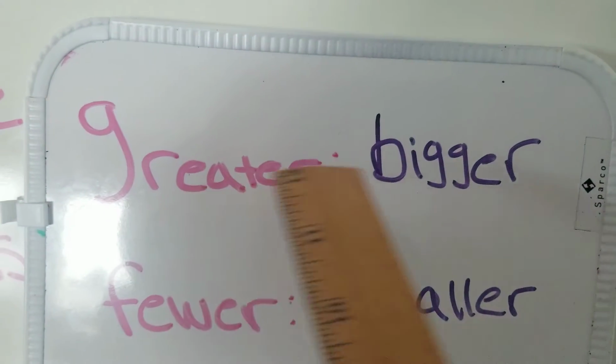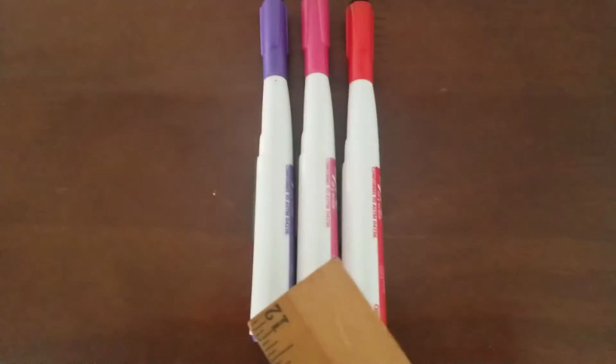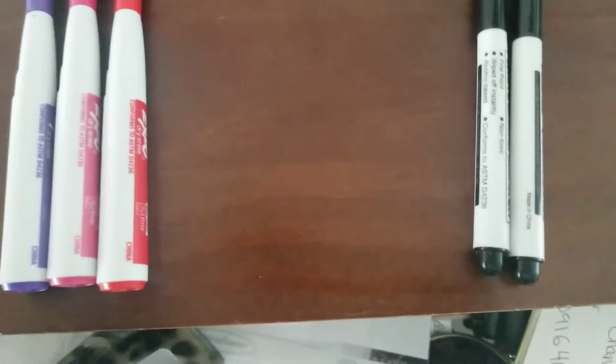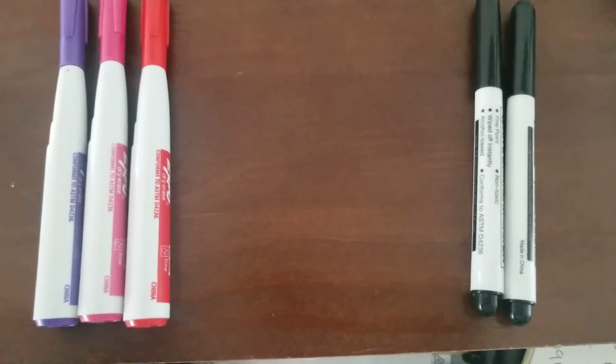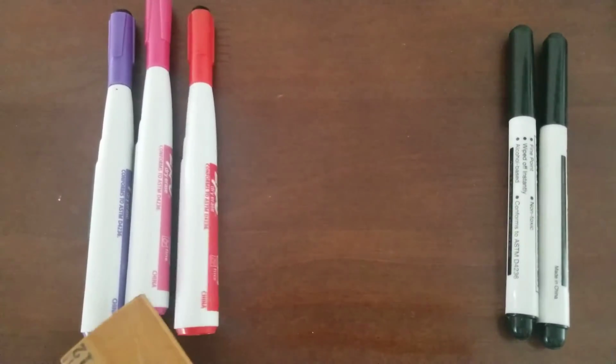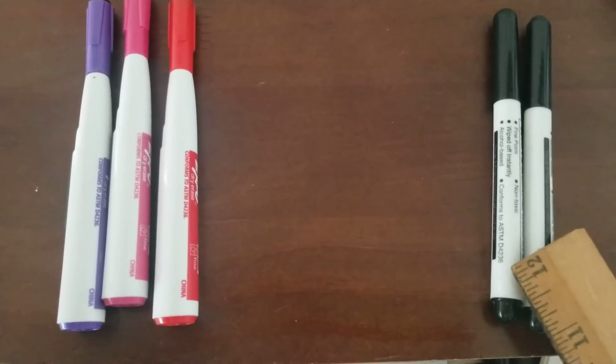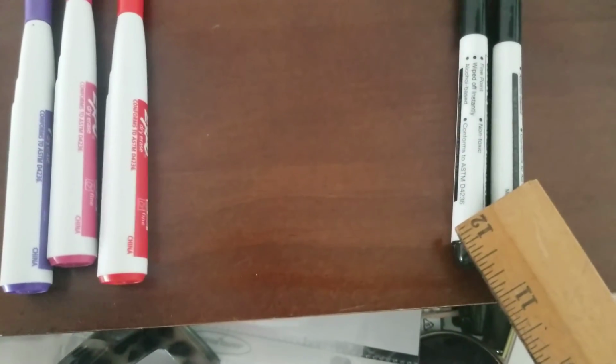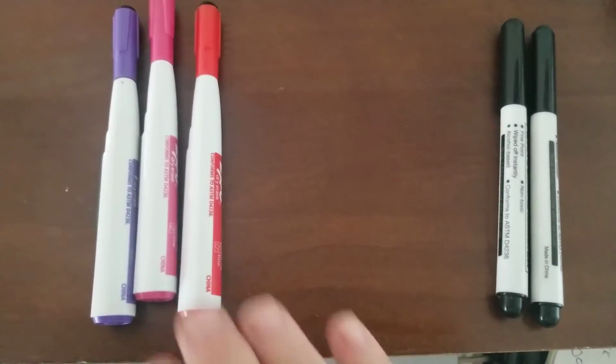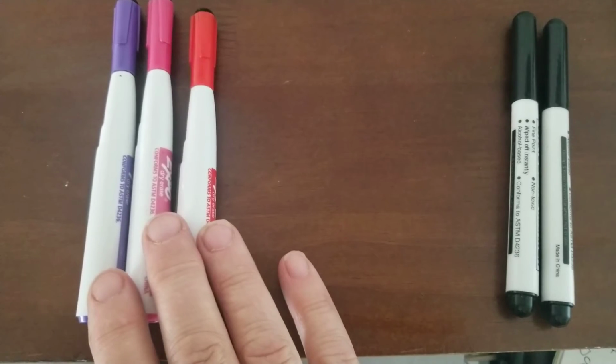Which number is greater or bigger, 3 or 2? 3 is a greater number than 2. So 3 objects are more than 2 objects. This set has 3.